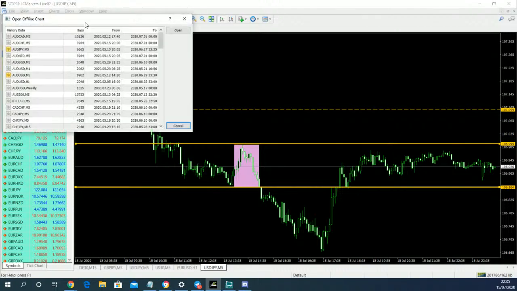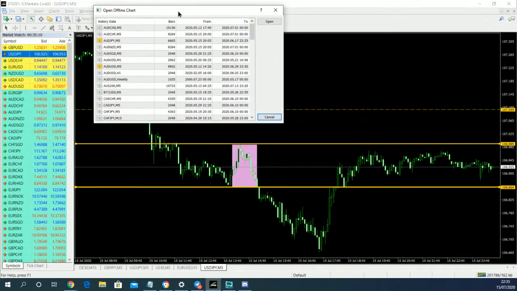Okay, so you go to Chart, Open Offline. All right. So let's say you added it to USD Japanese yen. Then you will see a USD Japanese yen of 2 minutes. You know, this is 5 minutes, that's 5 minutes. This is Aussie Japanese yen.